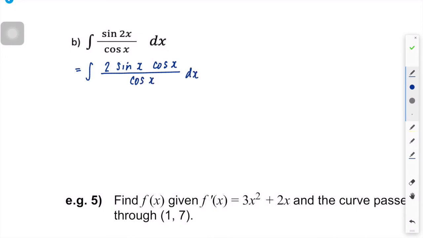See how useful trig identities are? Now I can cross out cos x, and I know the answer of the integral of 2 sine x is 2 times negative cosine x. So I'm going to write this as negative 2 cos x plus c.